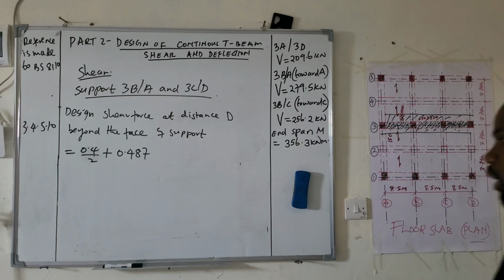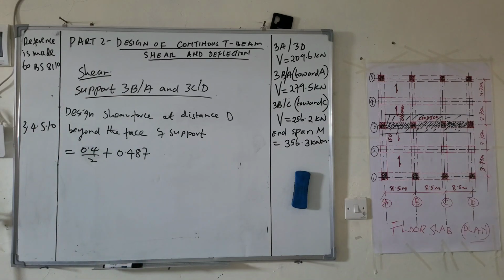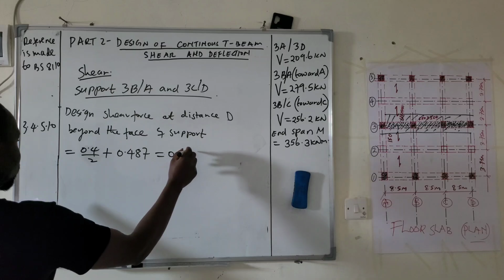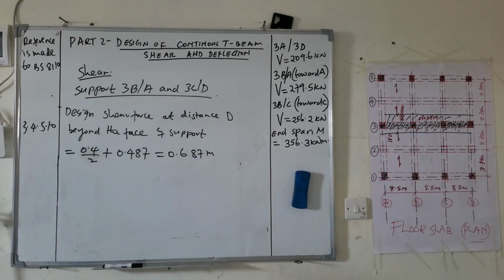In our previous calculation, it was 0.487 meters or 487 millimeter. So this one will be equal to 0.687 meters.